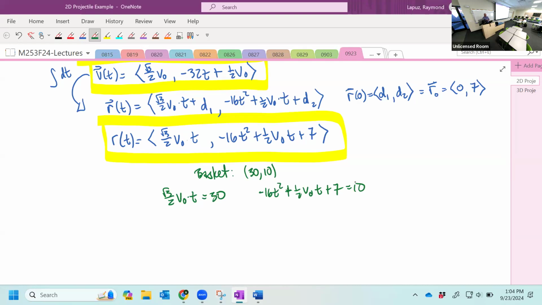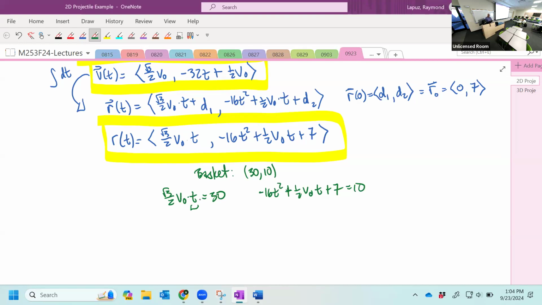And we really just care about v naught, so we can solve for t in this first equation, plug it into the second equation, and then eventually just solve for v naught. Or you can solve for both of them if you want. And then that'll tell you how long it'll take, in seconds, to make that basket.